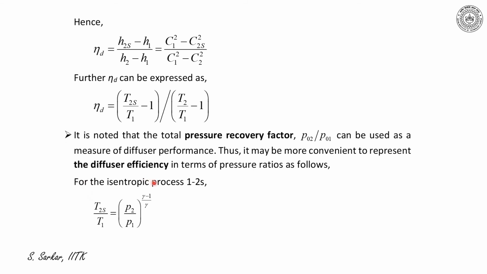Thus, it may be more convenient to represent the diffuser efficiency in terms of pressure ratio. For the isentropic process 1-2s, I can write T2s by T1 is equal to (P2 by P1) to the power gamma minus 1 by gamma.